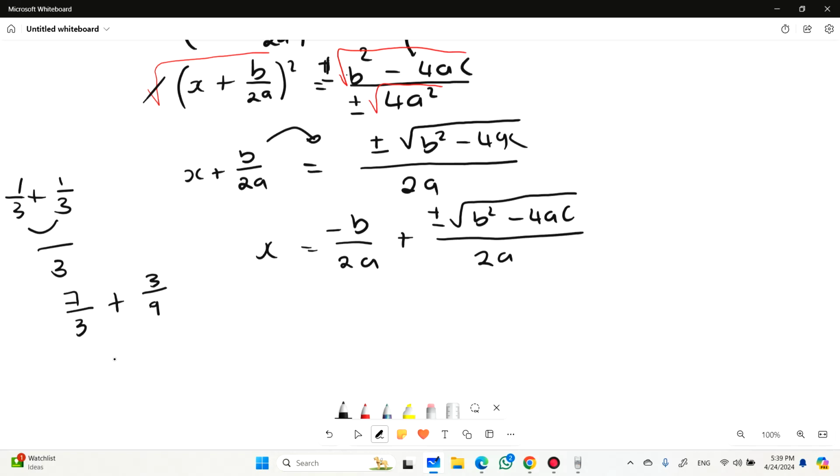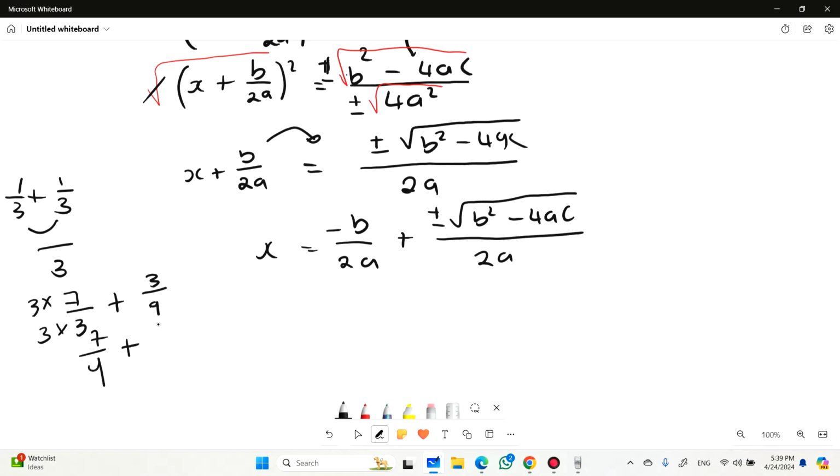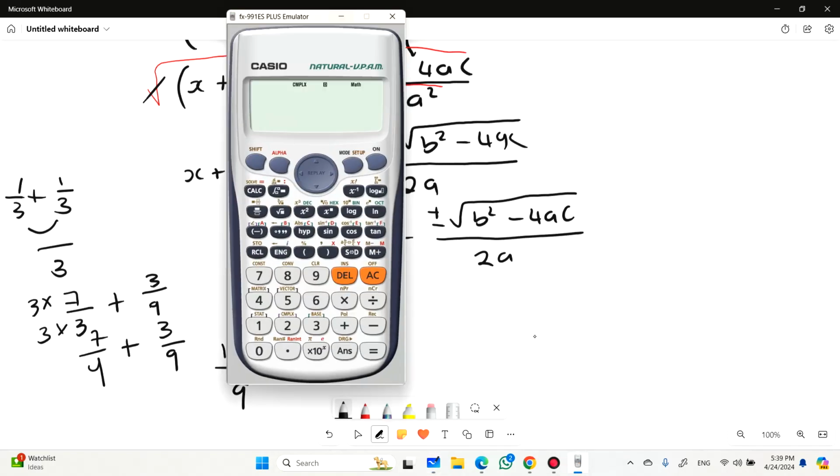So how can I add these? Basically here I can times the top part and the bottom part by 3, so that I will get a 9 there. So I have 21 over 9 plus 3 over 9, and hence the 9s are the same.